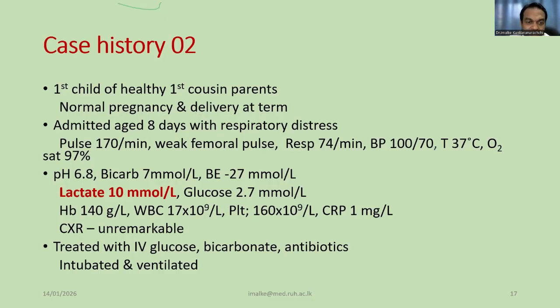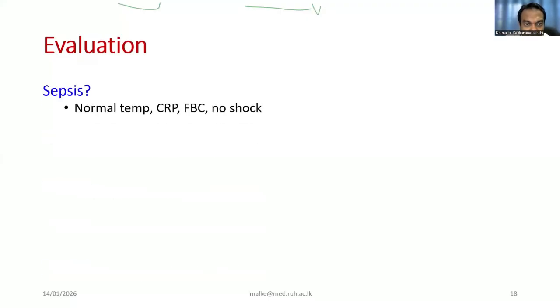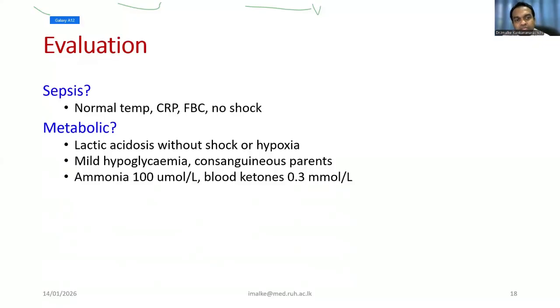You can see bicarbonate was 7, lactate was 10. And there was hypoglycemia as well. Because of the consanguinity, they were thinking of possible inherited metabolic disorders as well, but started empirical treatment, thinking of sepsis, though nothing much suggested it.